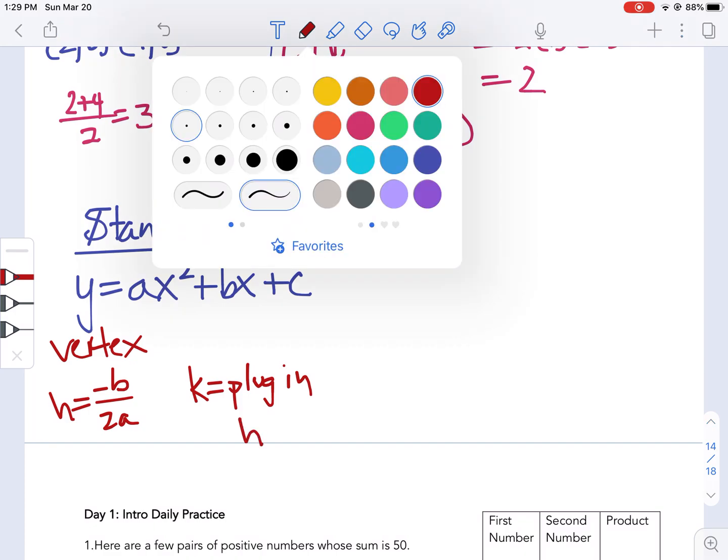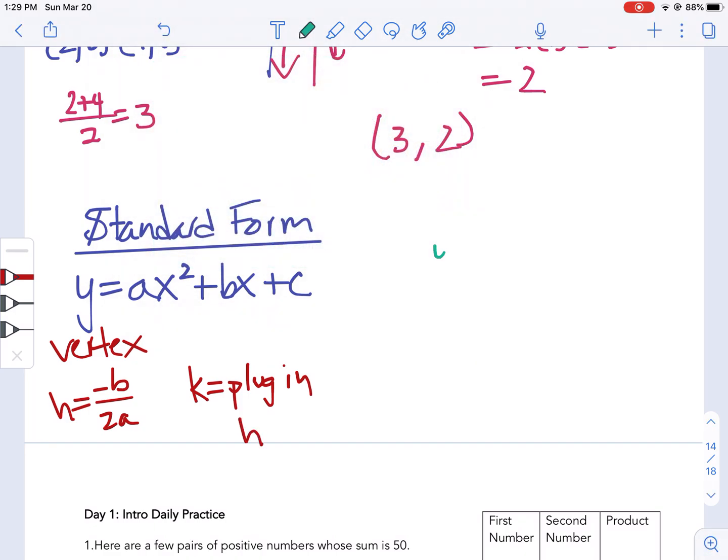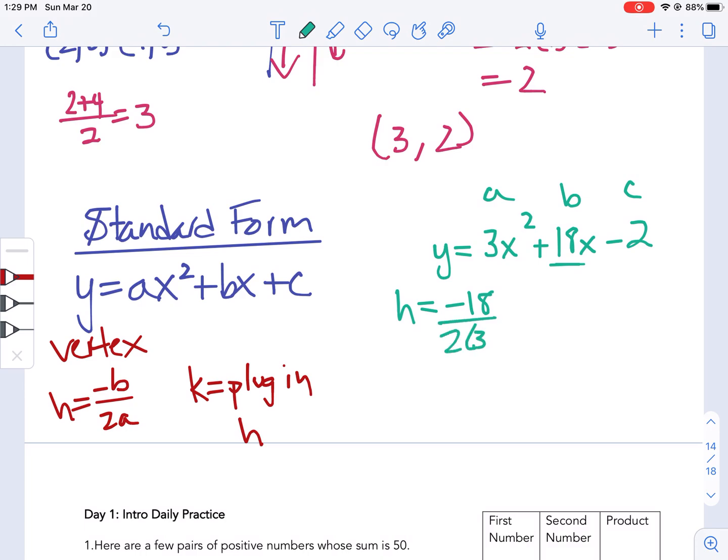So let's take a look at an equation here. Let's take a look at y = 3x^2 + 18x - 2. So to find our h value, it's the opposite of b. So a, b, and c. So -18 over 2 times 3. So -18 over 6 would be -3.